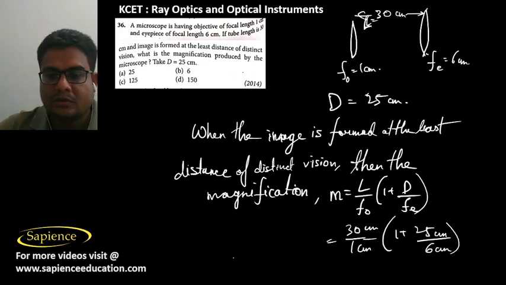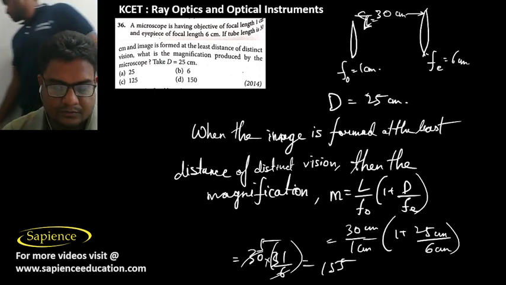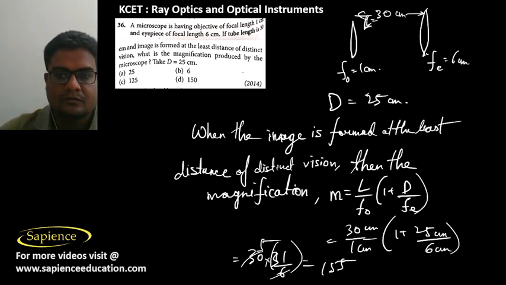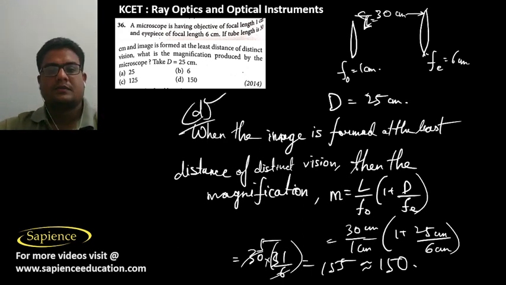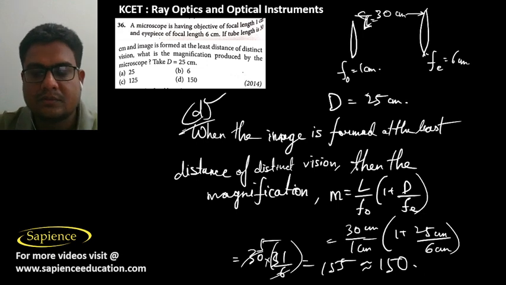So this will be equal to 30 into 1 plus 25 by 6, that is 31 by 6. So this is 155, which is close to 150. So option D is the correct answer. So it means here you have to choose the closest answer.